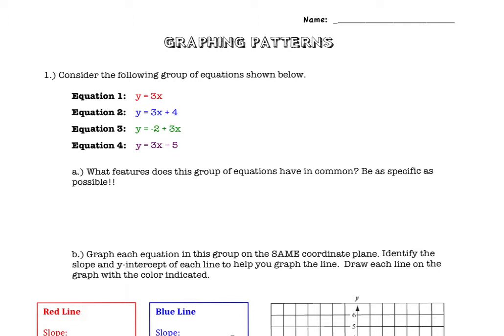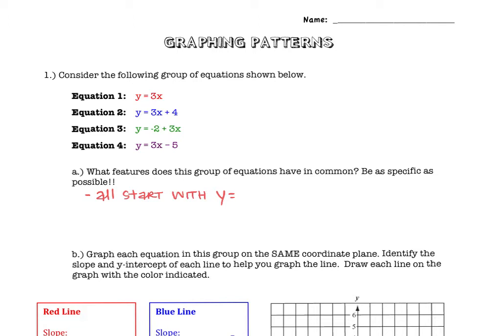All right, so as we look at this group, I notice a couple things. The first thing I notice is that they all start with y equals. And you don't need to write in complete sentences, but just make sure you are specific.